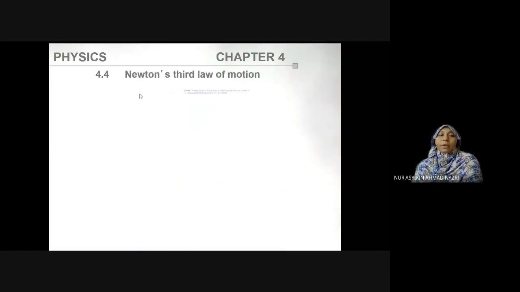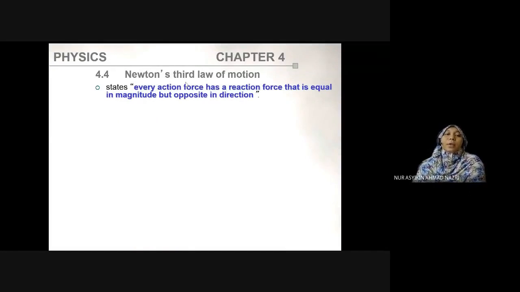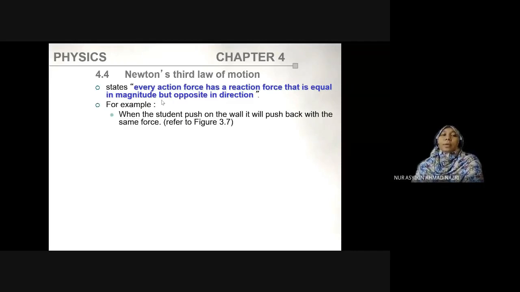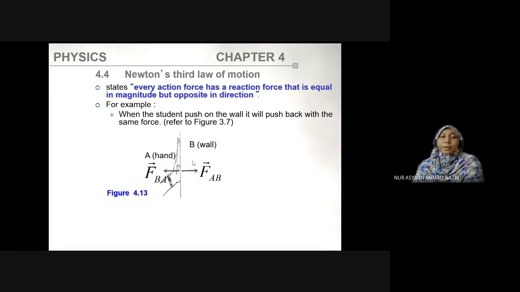Then what the difference dengan Newton's third law? Newton's third law akan consider the reaction force. Okay, where the reaction force is same in magnitude but opposite in direction.